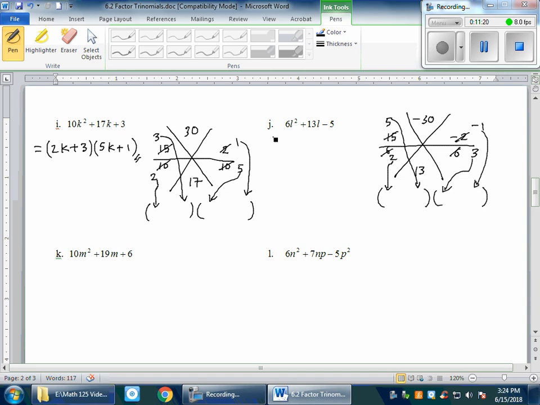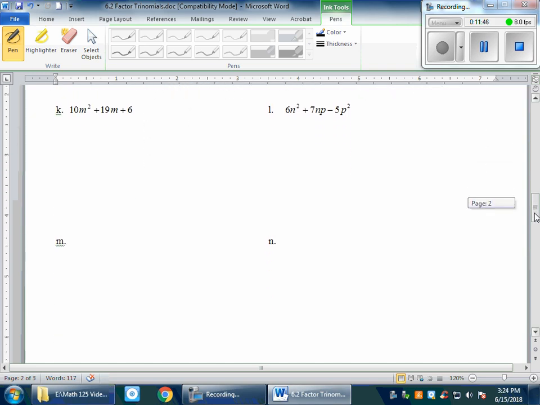So now my factor will become 2l plus 5 and then 3l minus 1, and this will be my final answer. You may always FOIL it to check whether you got the right factoring or not. Okay, so continuing on to the next one.